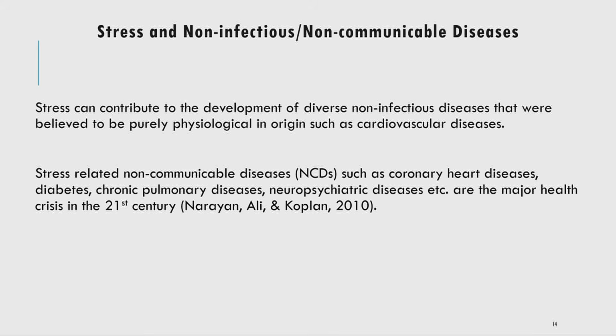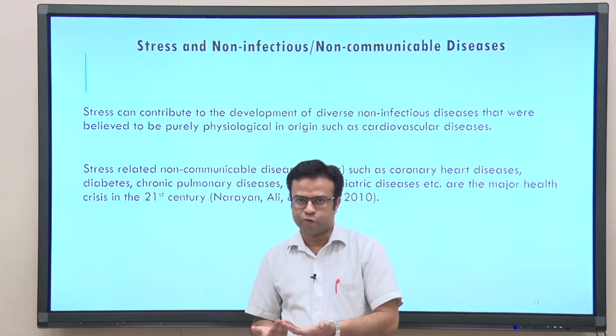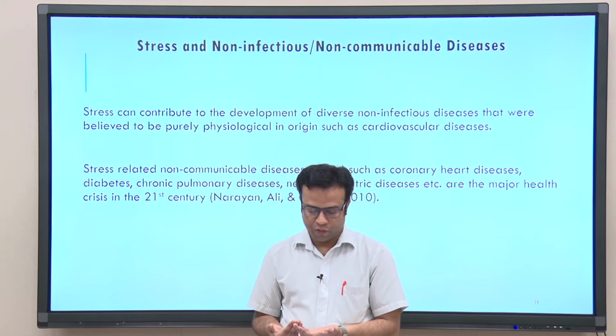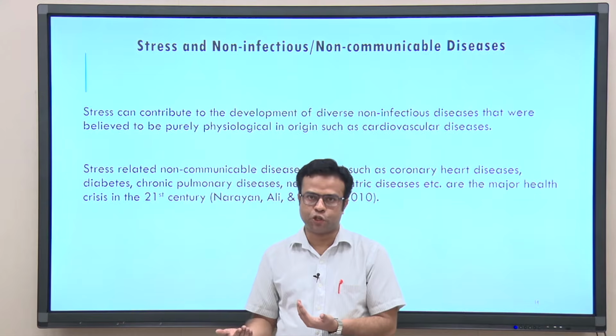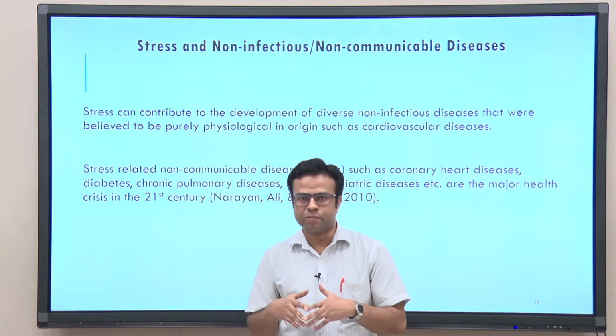Stress related non-communicable diseases or NCDs, such as coronary heart diseases, diabetes, chronic pulmonary diseases, neuropsychiatric diseases, etc., are the major health crises of the 21st century, because they are a major reason for deaths related to various physical diseases. So, they are causing major crises in the 21st century in terms of disease management.